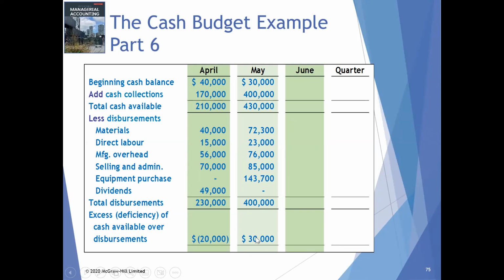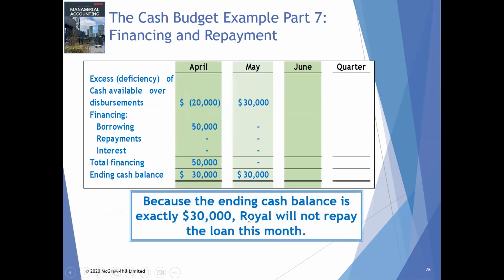You can see that $30,000 cash is excess, meaning 430 minus $400,000. It means there is no need to take money from the line of credit, because this was our requirement and we meet the requirement. Because the ending cash balance is exactly $30,000, Royal will not repay the loan this month.